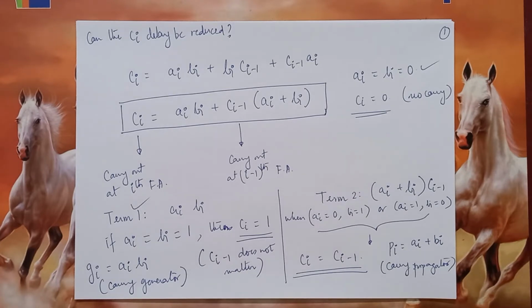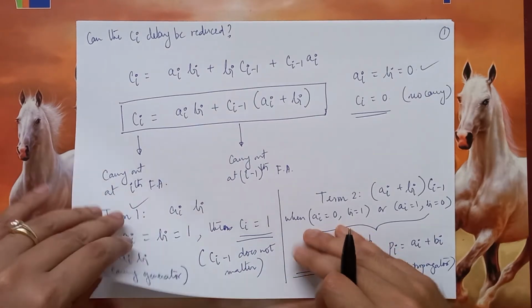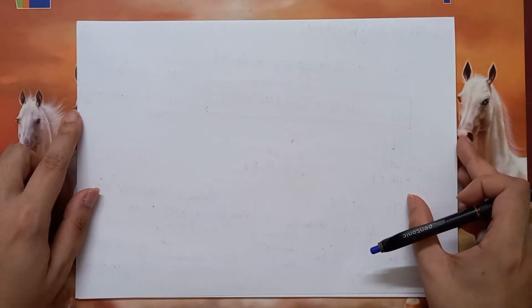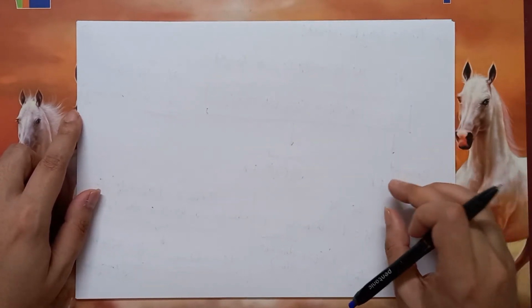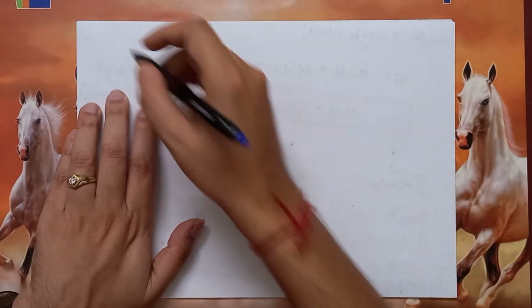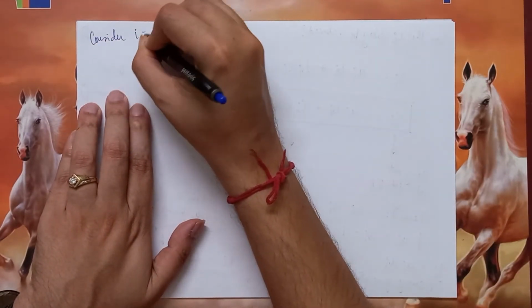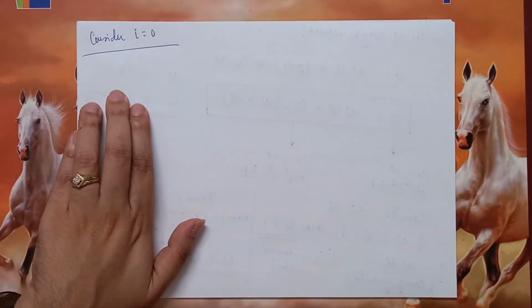Okay, so let us try to see if we can apply this to design the carry of an n-bit adder. Let us consider I equals 0, that is the 0th stage addition.